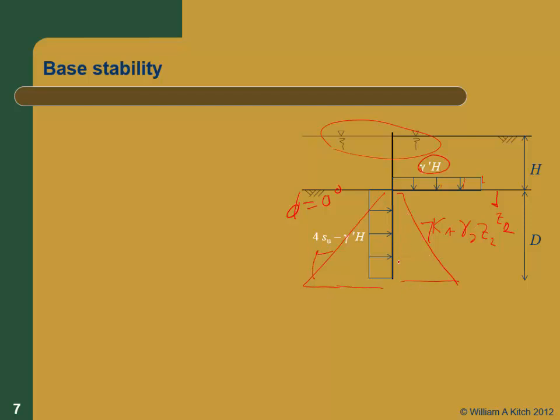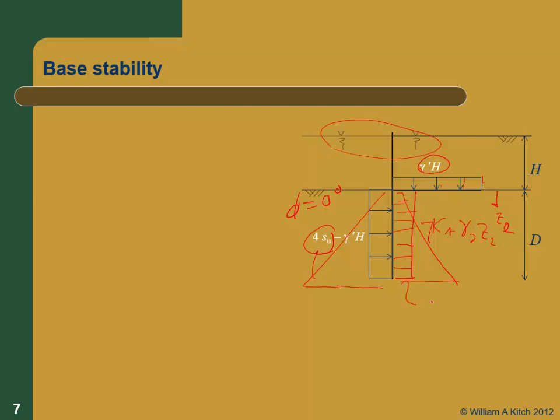And the only forces I have on the wall are 4Su, because remember I've got negative 2Su on one side and positive 2Su on the other side, so I have negative 4Su, and then gamma prime times H, because that's just transferred directly into horizontal stress here, because this is just a surcharge load, right?